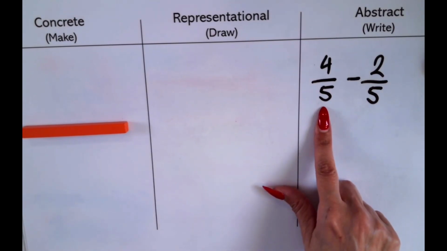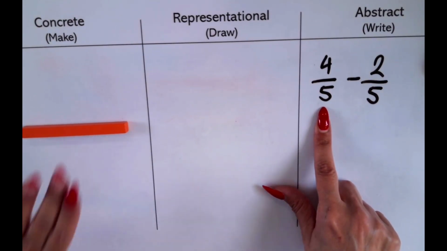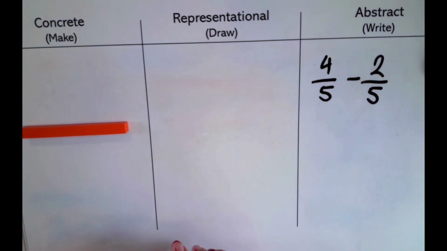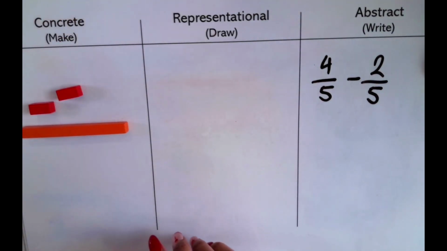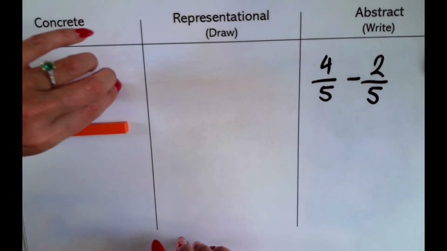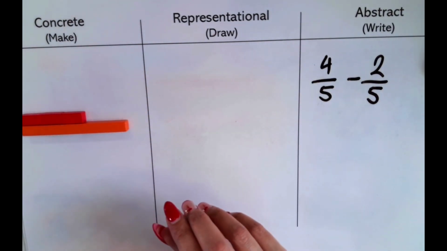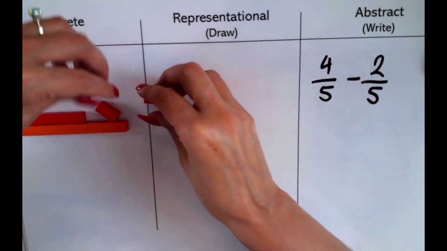So I'm going to show 4/5 using my cuisenaire rods first. Whenever we do an addition or a subtraction, we start with the number. If we are doing a subtraction, generally we encourage the students to start with the larger number. Before they start working with addition and subtraction using cuisenaire, they would have had some practice, and they would recognize that the red rod is 1/5 of the orange.